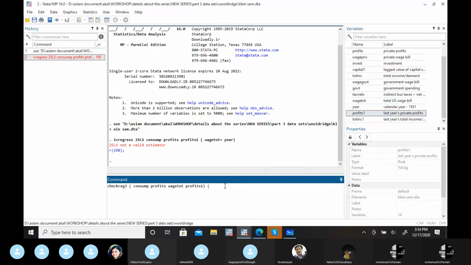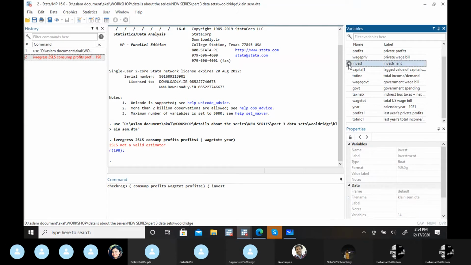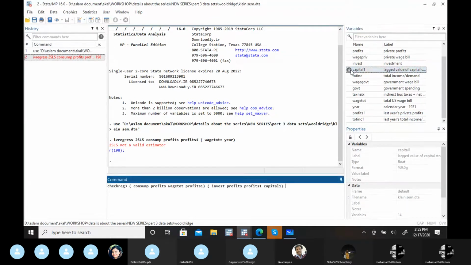Then second equation: investment, again profit and profit of last year, and capital of last year. Bracket close.